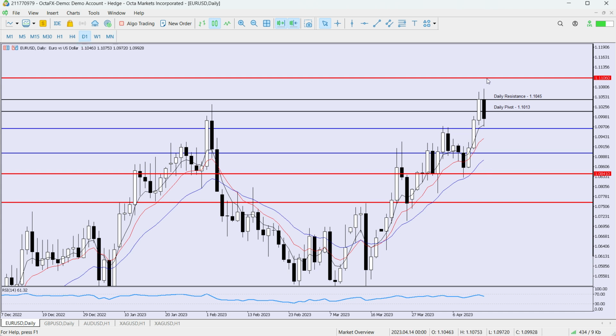See here, this is the supply zone from where the sellers pushed the price up to here so far, and we still have a chance to reach up to here. These are the moving averages, exponential moving averages. This is the 5 day moving average, this is the 10 day moving average, and this is the 20 day exponential moving average.